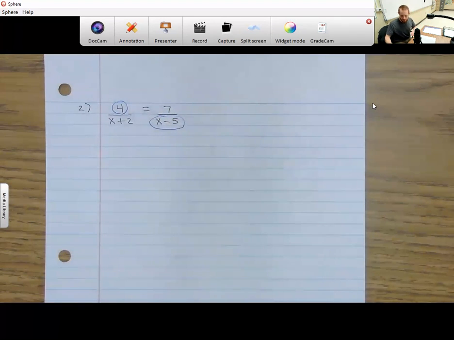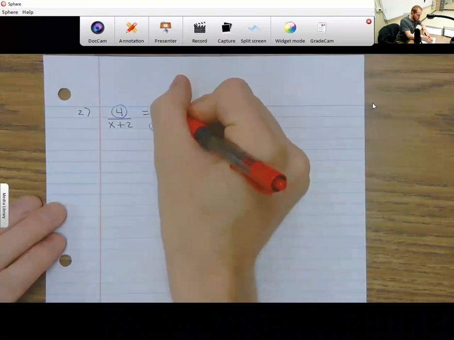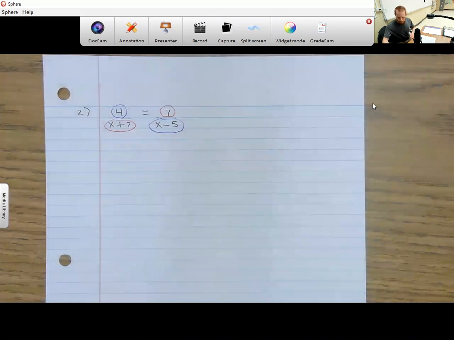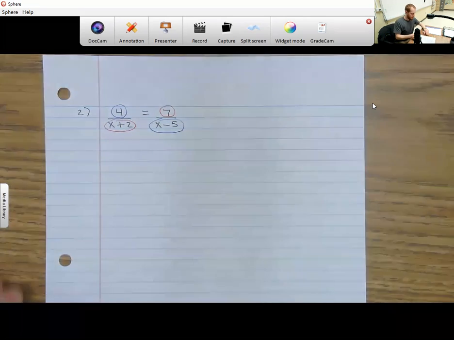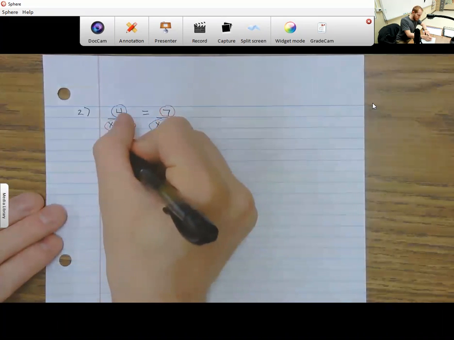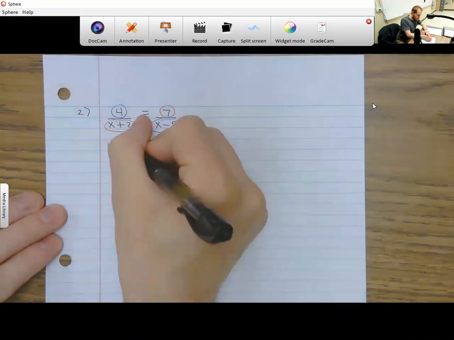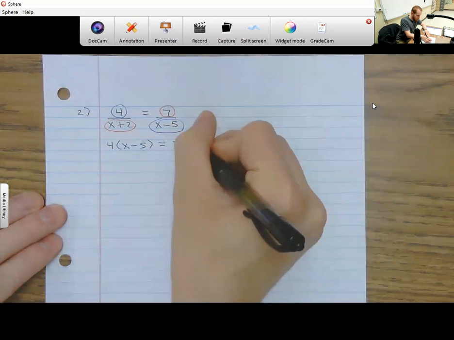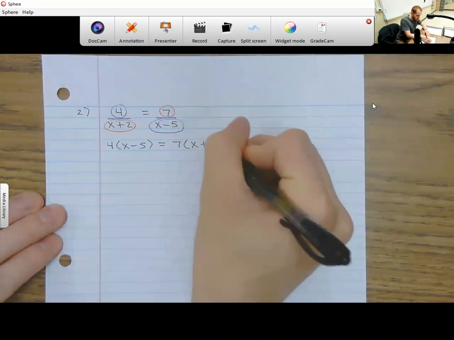So I'm multiplying these two. And then I'm going to multiply the 7 by the x plus 2. So we're multiplying crossways. So I get 4 times x minus 5 is equal to 7 times x plus 2.